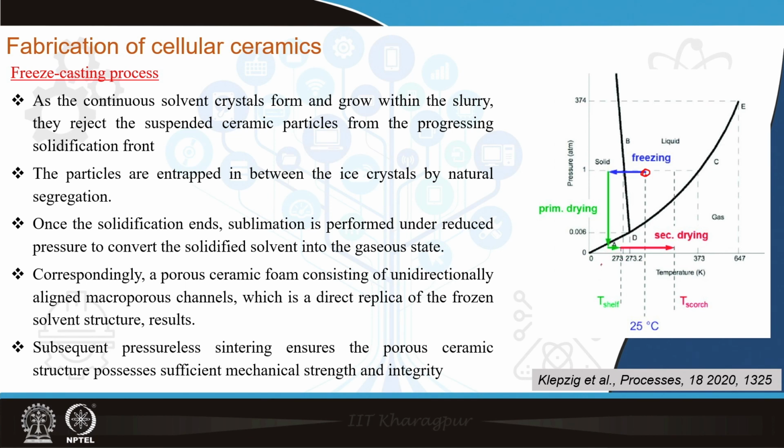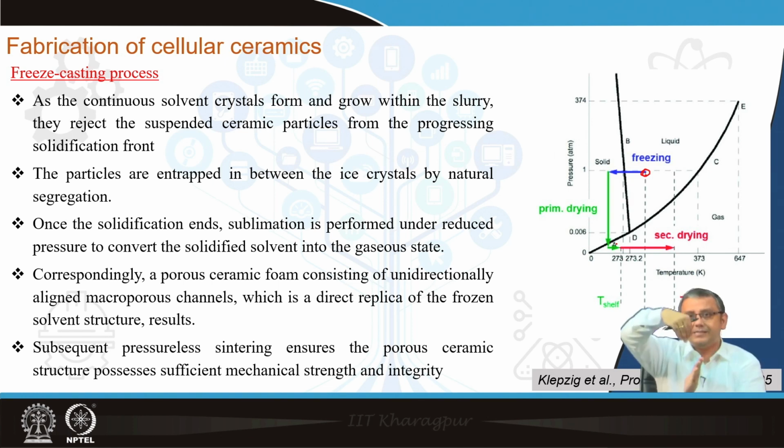That means the pressure is reduced significantly to the point where the ice crystals sublimate, and when the ice crystals sublimate, we obtain the porous body. So, this is the idea: first you arrange the ceramic particles between the growing ice crystals, and then the ice is sublimated, and by doing that we obtain the porous body.